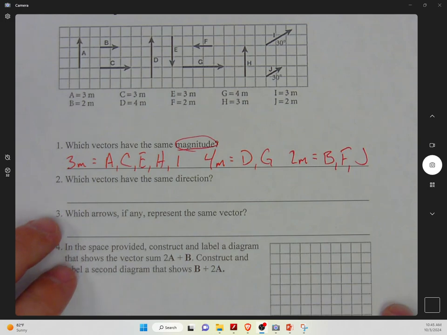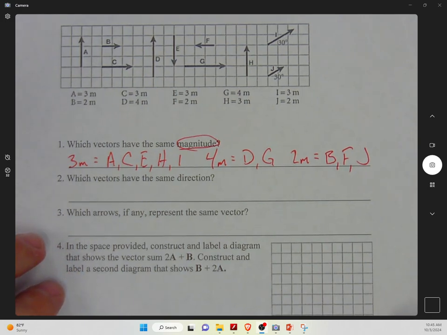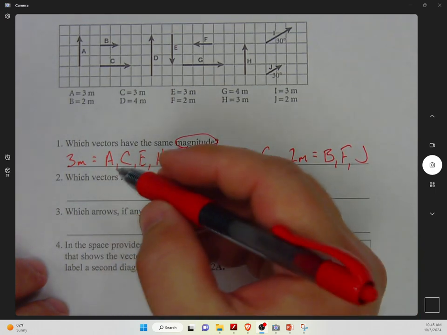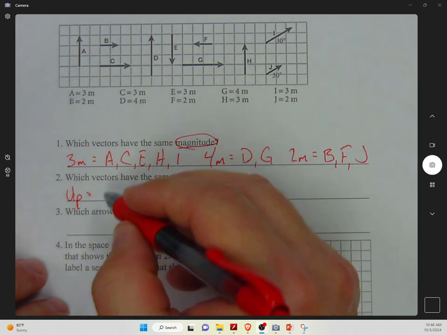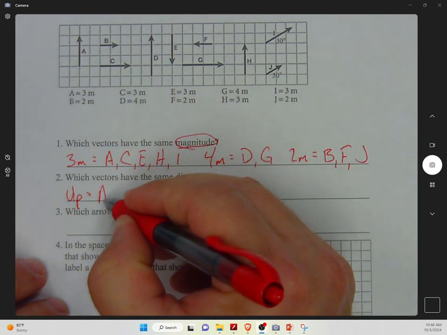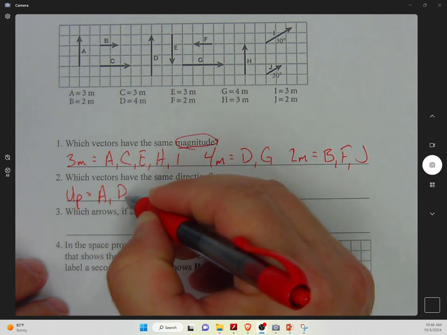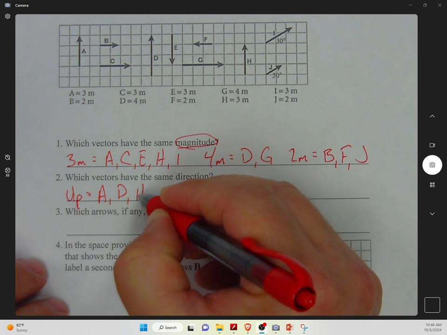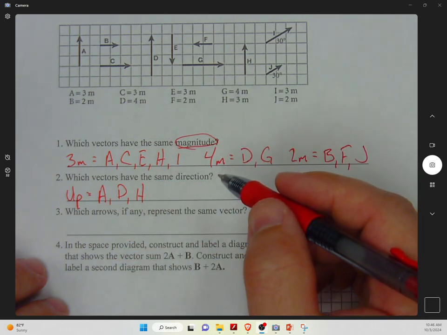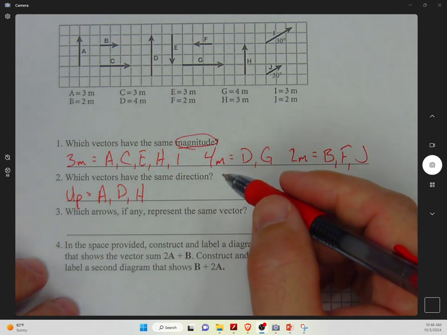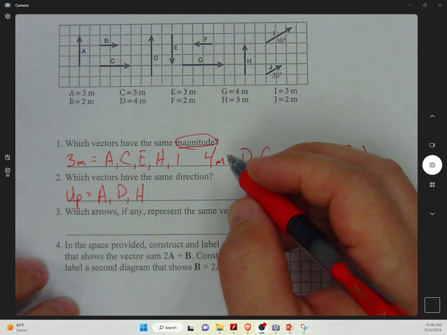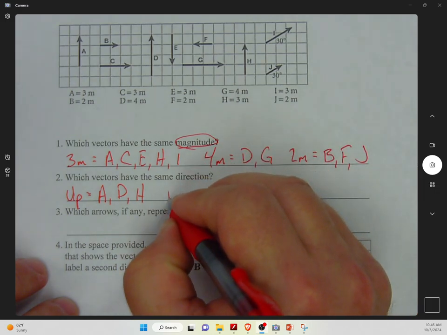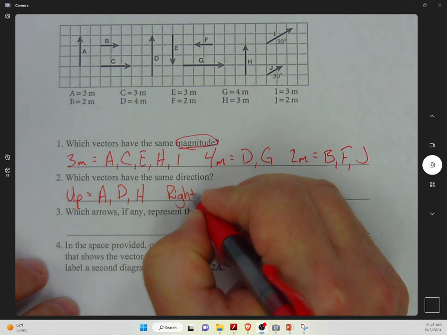Now number 2, which vectors have the same direction? Direction. Let's start with the one that's going up. We would have A is going up, D is going up, H is going up, and I think that's it. So, which ones are moving to the right?